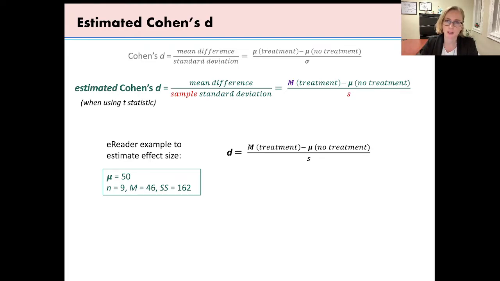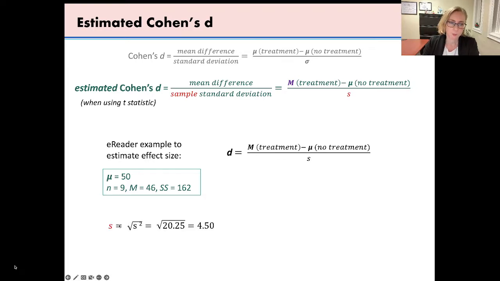So we calculated the T statistic and rejected the null hypothesis. But that only tells us that there was a significant effect, not how strong the effect was. So again, effect size, Cohen's d, is reflecting the strength of your treatment. So mean difference over a sample standard deviation, no longer the population standard deviation, sigma.